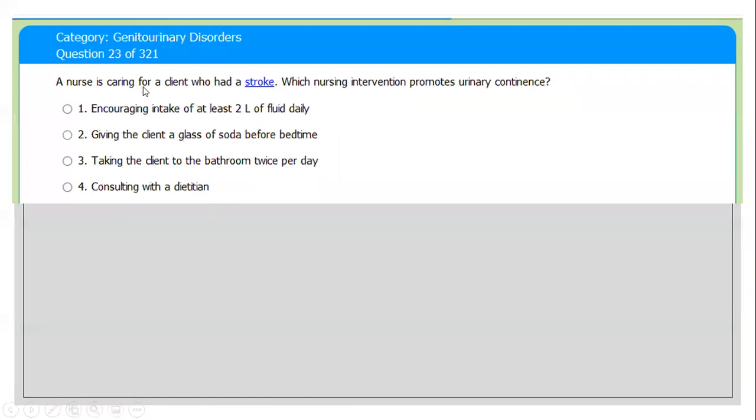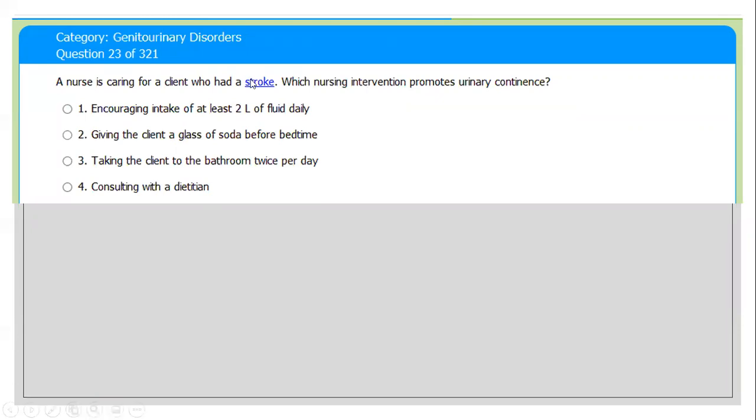Next, a nurse is caring for a client who had a stroke. Which nursing intervention promotes urinary continence? So this question is about the stroke.